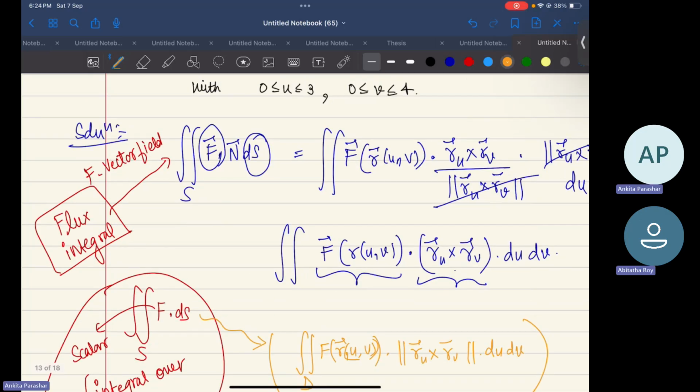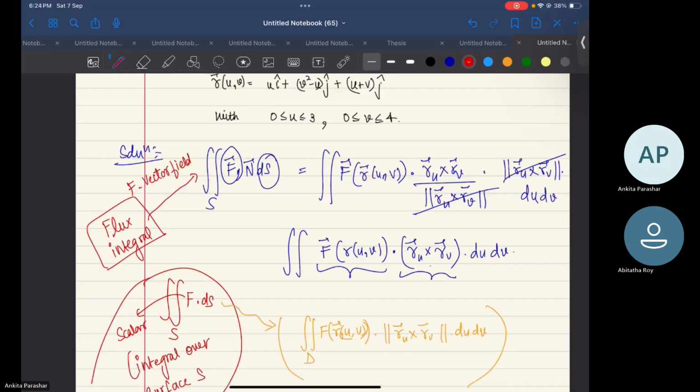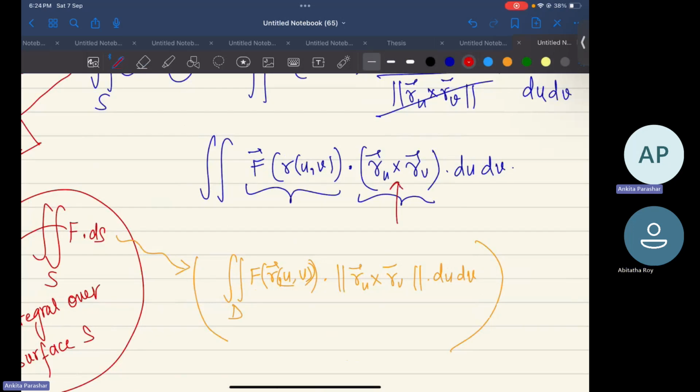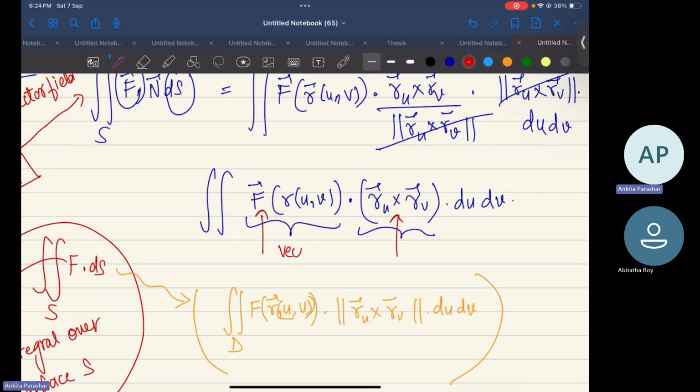This case is different. Here you have r_u cross r_v, not the norm, because in this case your function is a vector. This is also a vector. The dot product gives you a scalar, and there you can evaluate your integral. Is that okay?